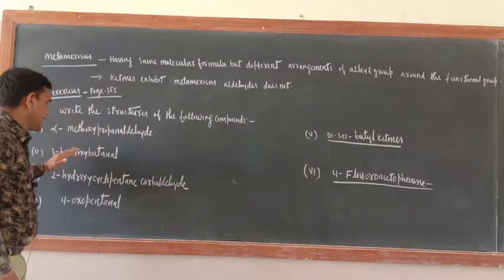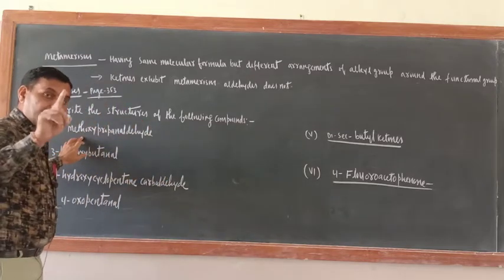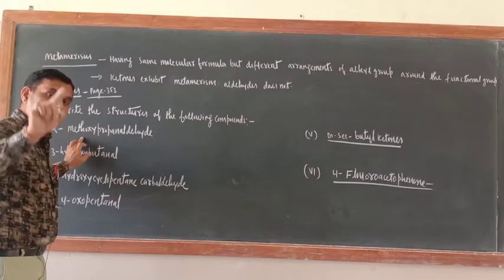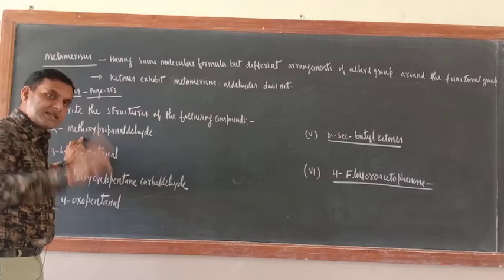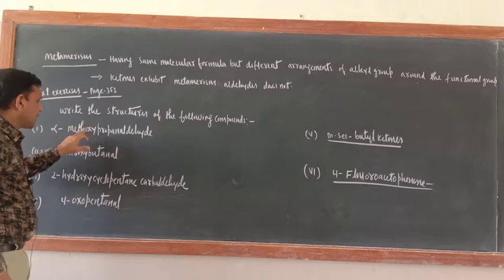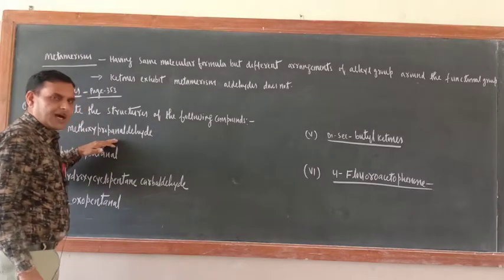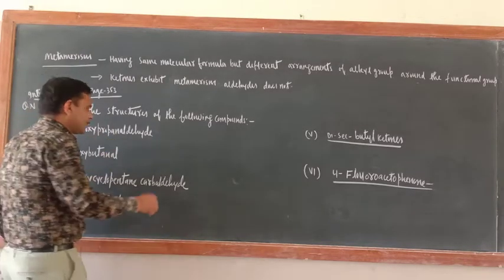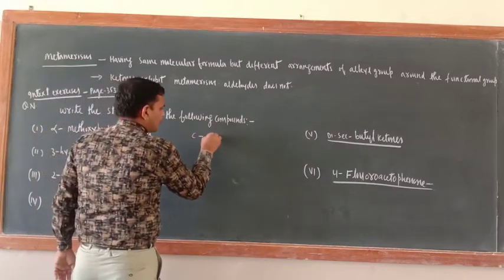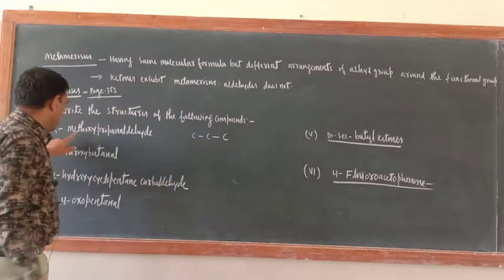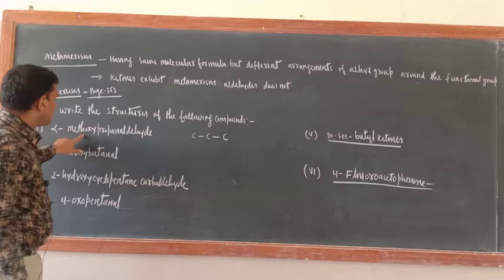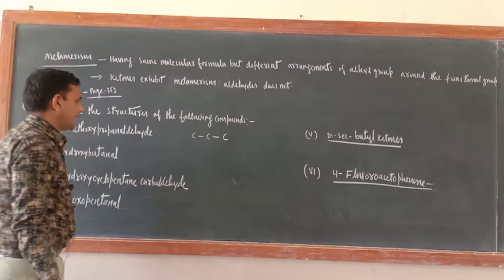Remember, this alpha, beta, gamma nomenclature system arises when the functional group also contains a carbon atom. So what is written here? Alpha methoxy propanaldehyde. First identify the word root. Which is the word root? Propanal, propene, prop. So 1, 2, 3, prop, right? Then alpha methoxy propanaldehyde.